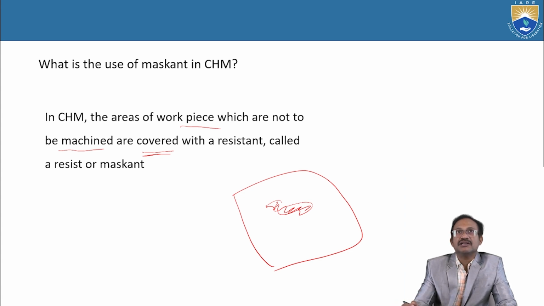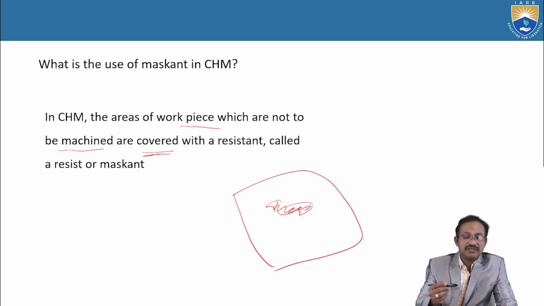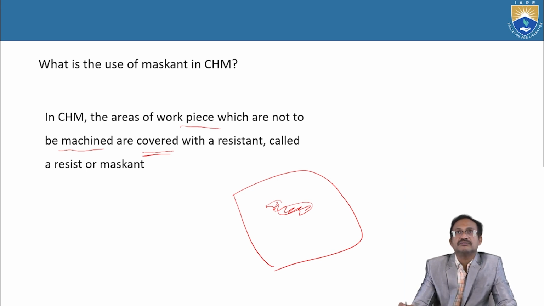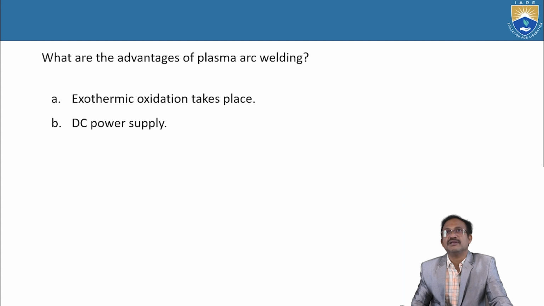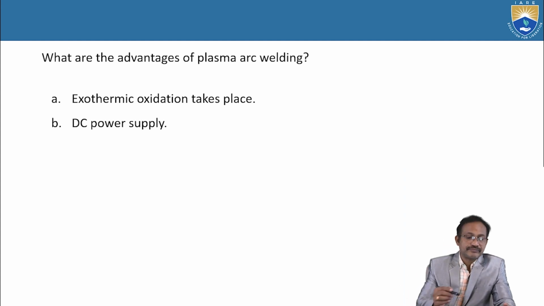In similar fashion, here a profile piece can be placed on the workpiece in order not to machine it. That is called maskant here. The maskant materials may be solid, liquid or semi-liquid, which we will discuss.